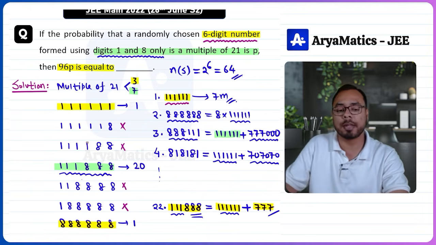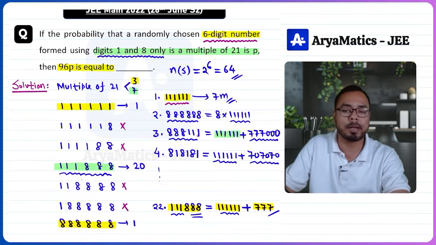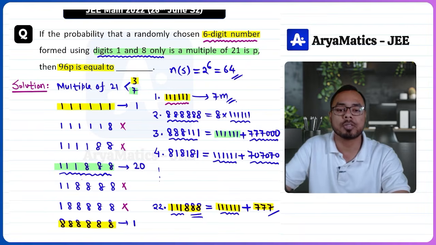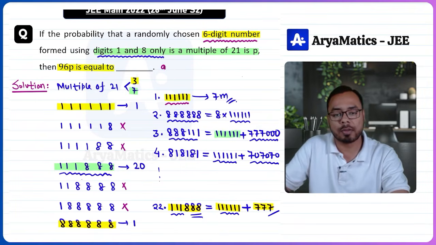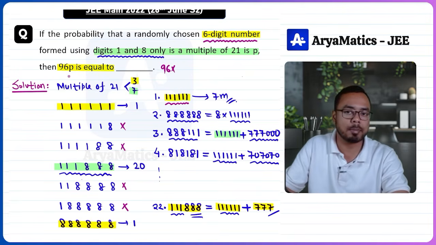So here, any number that you can create using triple 1, triple 8 will be a multiple of 7. And the first two numbers were also multiples of 7. So we have 22 numbers which are multiples of 7. And total we had 64 numbers. So now we have to find 96p, and p is the probability that a randomly selected number is a multiple of 21, right?